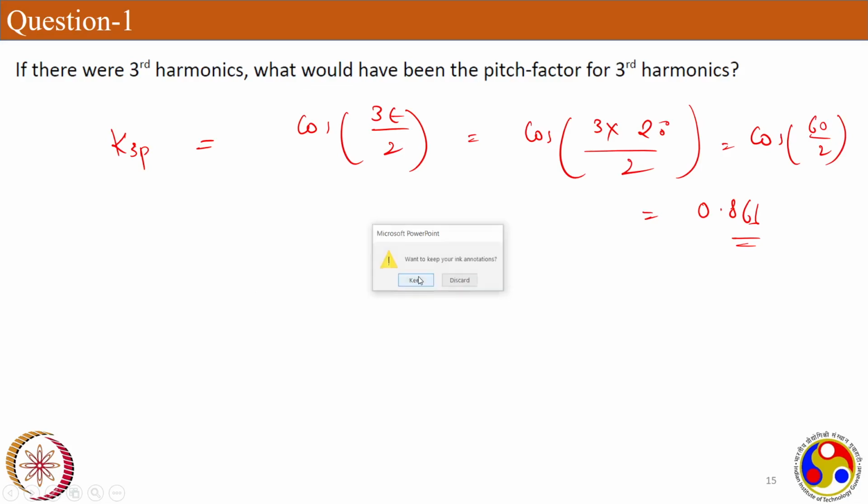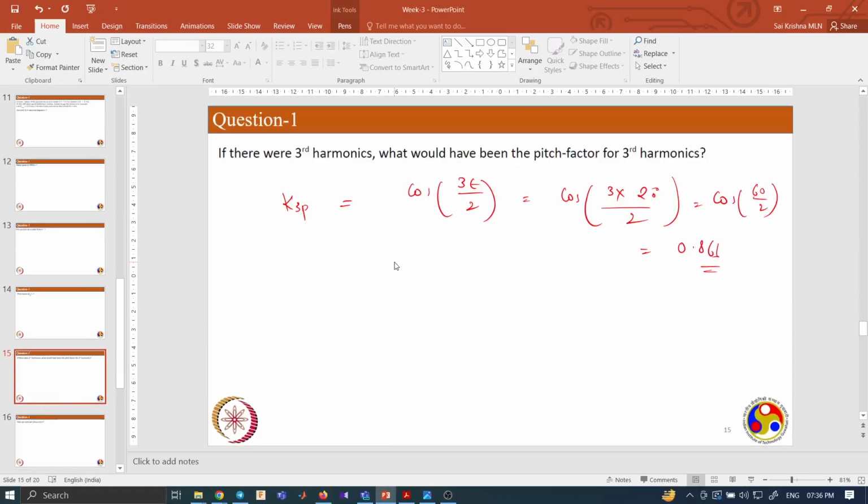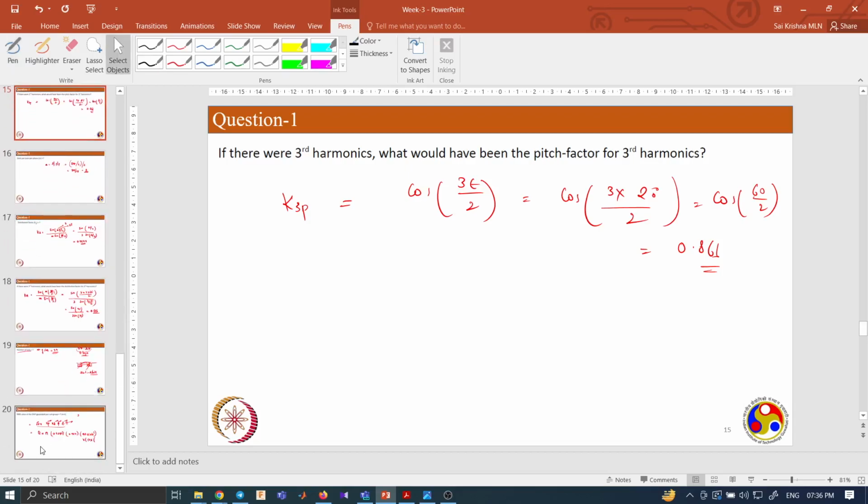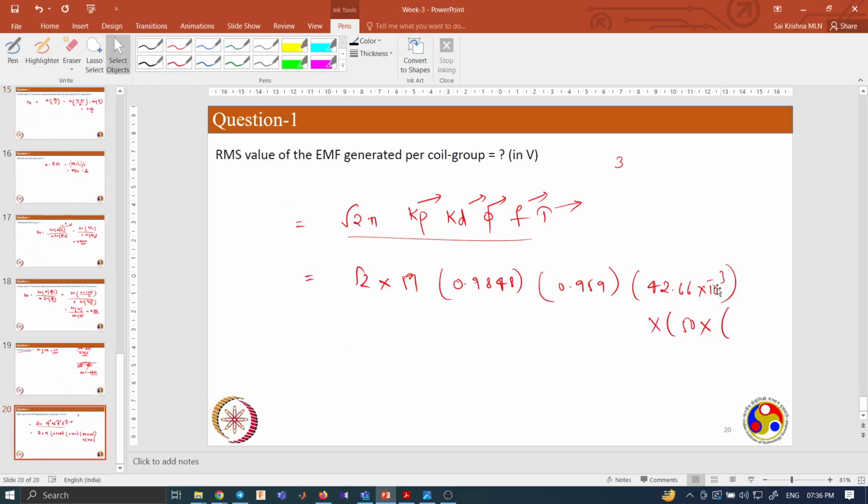Okay, so 4 turns each, and we have 3 coils per group. So 4 times 3, there are 12 turns per coil group.